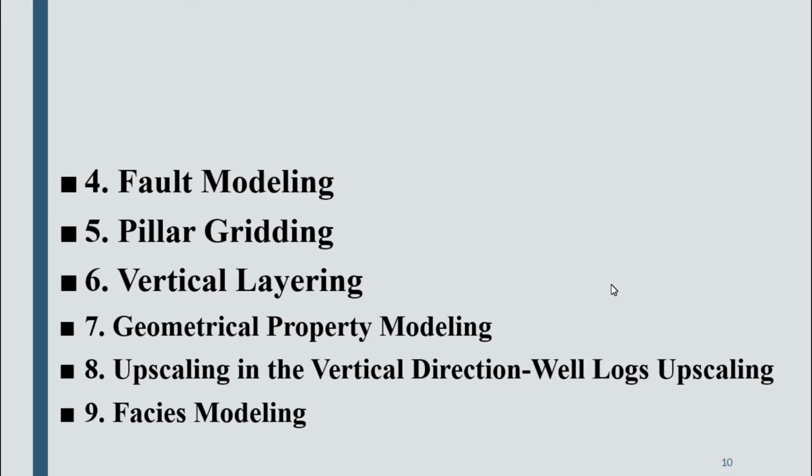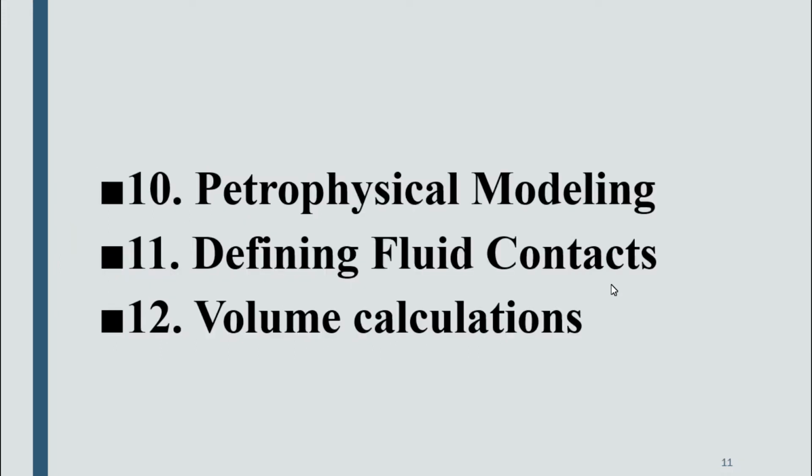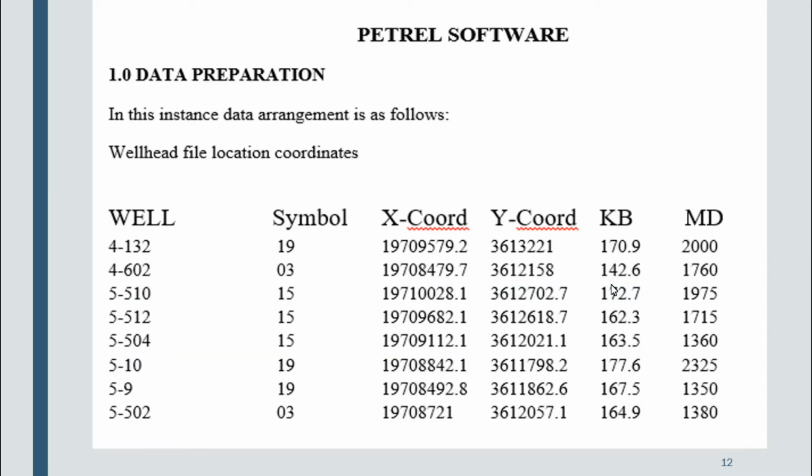And also we have facies modeling. Also there is petrophysical modeling, and when you are building a static model, you can also define the fluid contact. The last procedure when we are creating a static model is volumetric calculation.